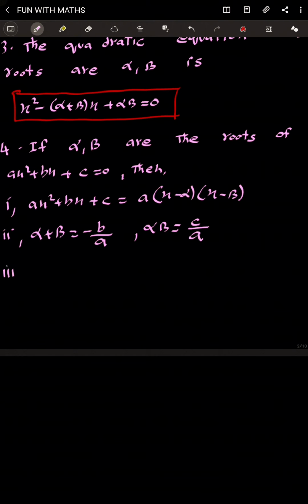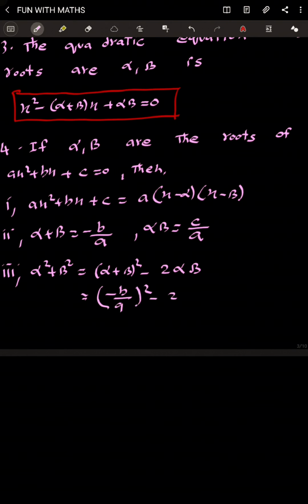Next one, alpha square plus beta square equal to (alpha plus beta) whole square minus 2 alpha beta. So if you substitute alpha plus beta and alpha beta values, then we get (minus b by a) whole square minus 2 into c by a.